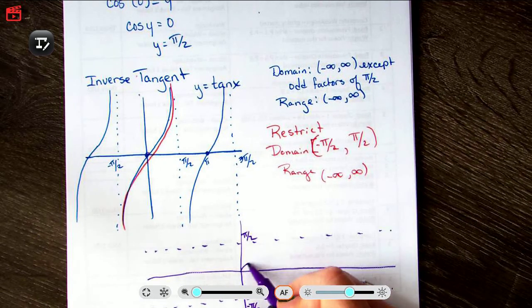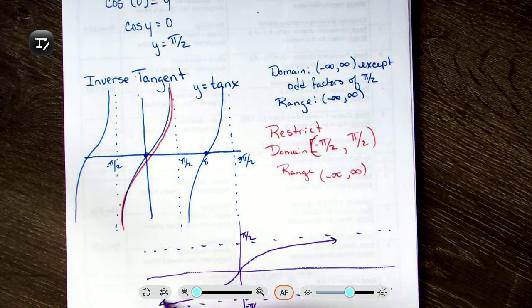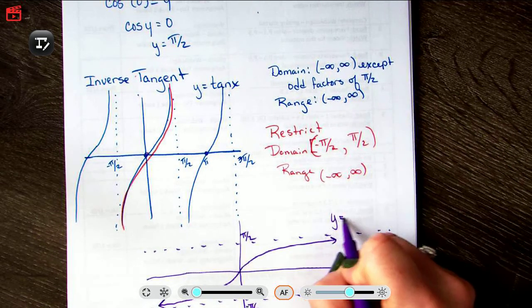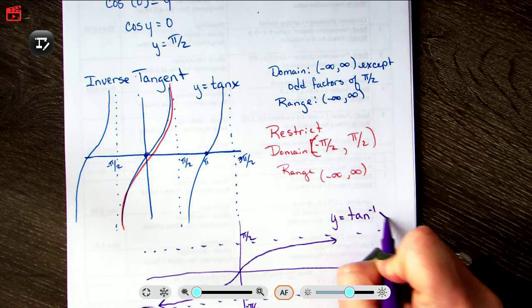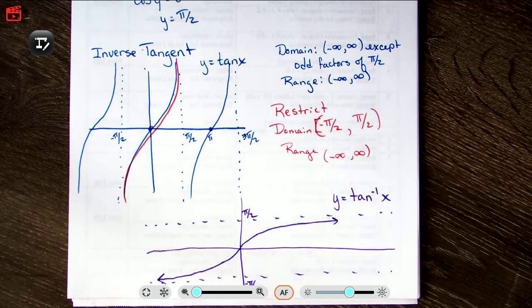And the inverse function kind of looks like this. There we go. So this would be y equals the inverse tangent of x. And I think that's a cool function. I don't know. It's just the math person in me. A function with 2 horizontal asymptotes. How cool is that?